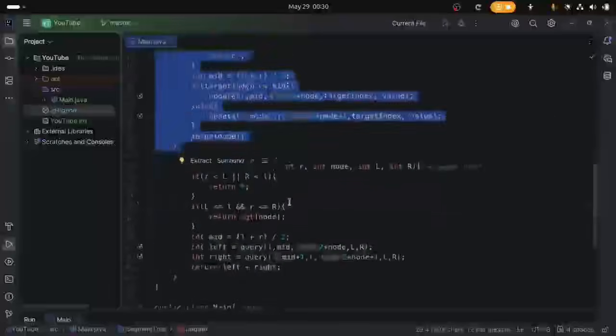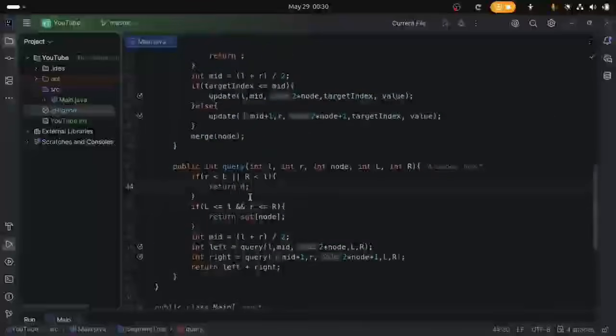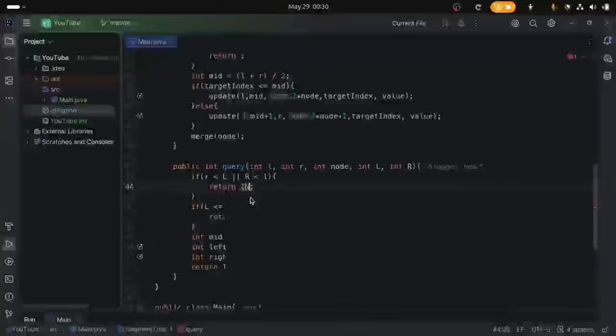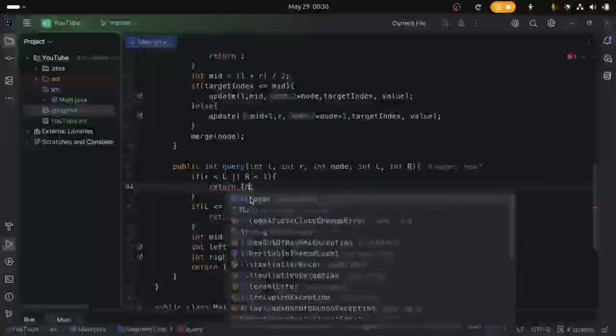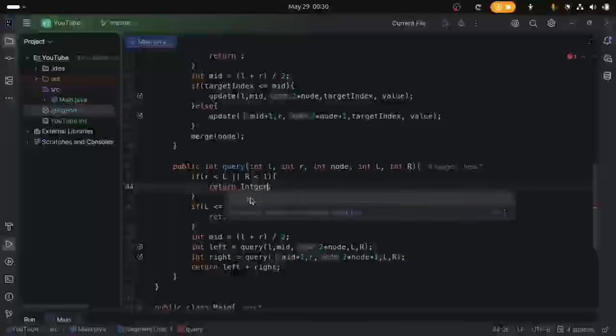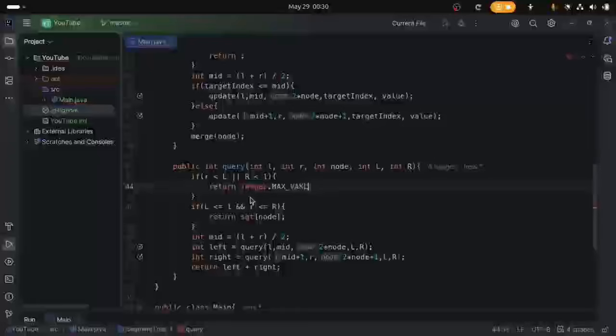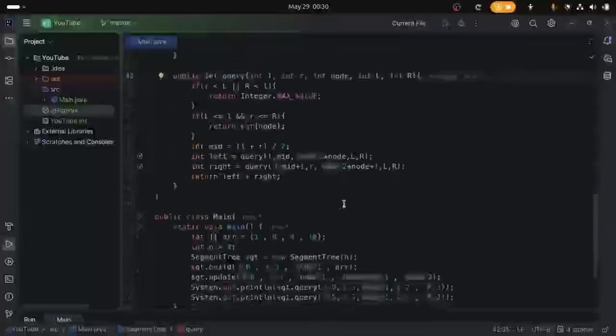Something will change here. Don't return 0, as I told, return Integer.MAX_VALUE, and the rest of the things will be the same.